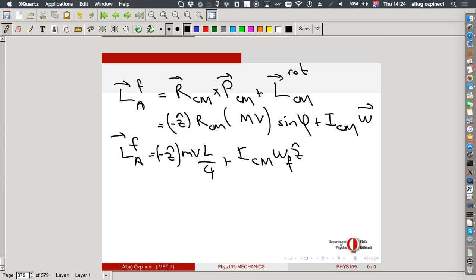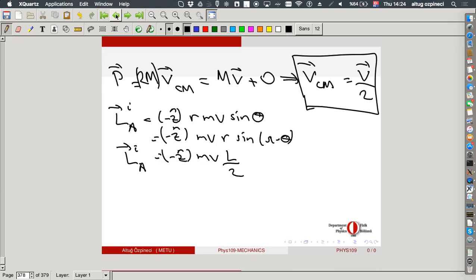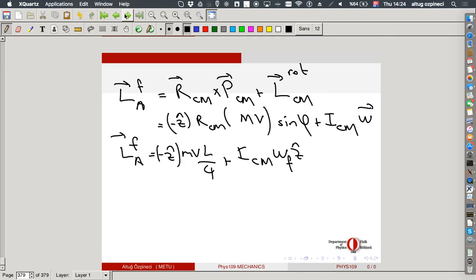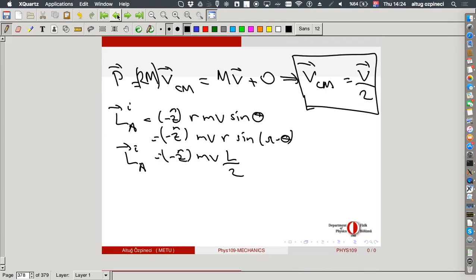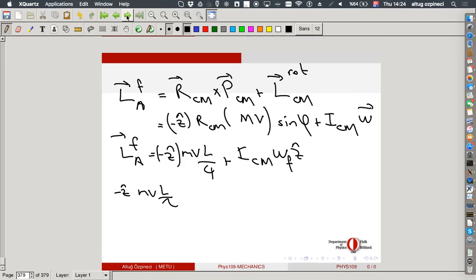Now we know that the angular momentum is conserved. So this should be equal to the initial angular momentum. So minus z hat mvL over 2. This one should be equal to minus z hat mvL over 4 plus I center of mass omega final z hat.